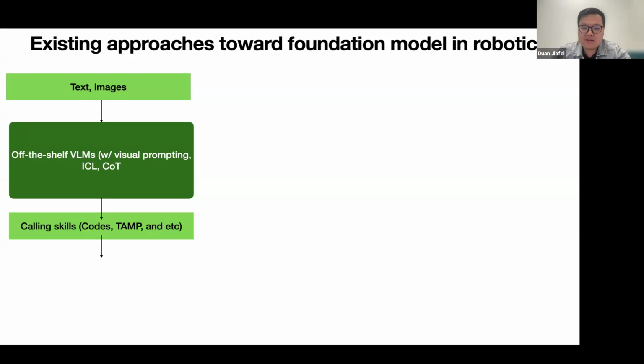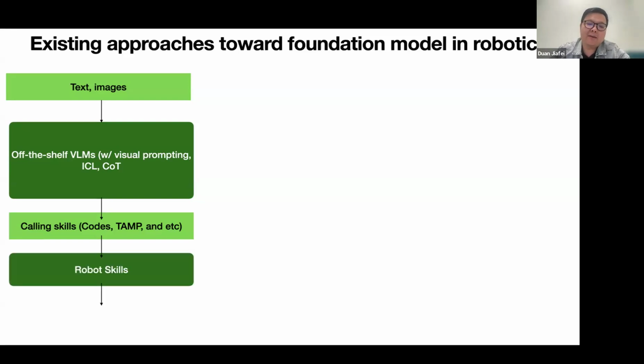These skills can be predefined primitive skills, or calling generated code that is able to generate actions, or even incorporating this with task and motion planning to solve for the downstream action. Then we use robot skills through all these API calls. The last part is robot control, which is the low-level control of the robot to move to the position to execute the task, conditioned on the language and the image observation.